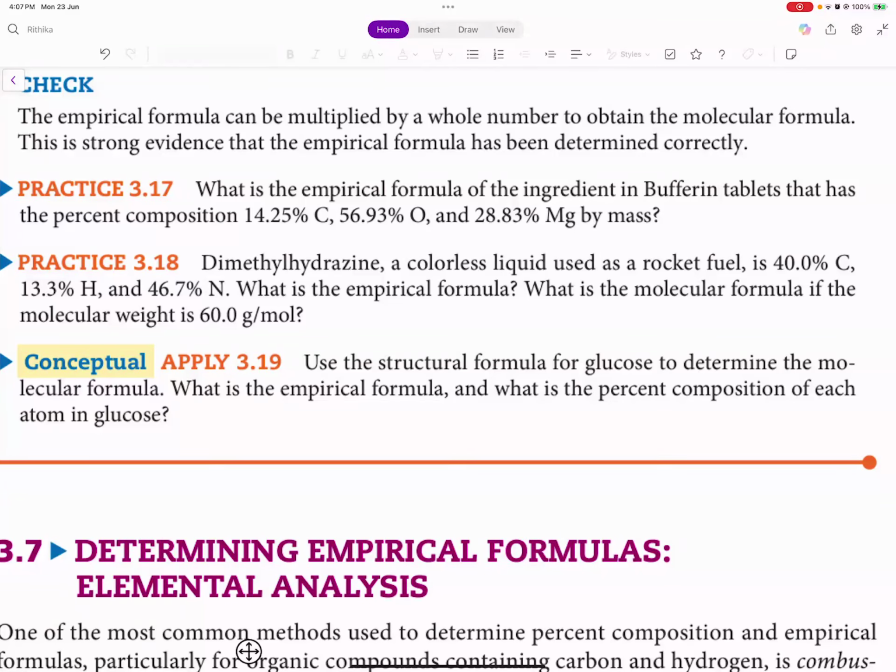So 0.98, I can take that as 1, right? Yes, you can take that as well. But initially it is much better that you don't, because you have to work through the numbers initially, at least in this chapter. I understand.